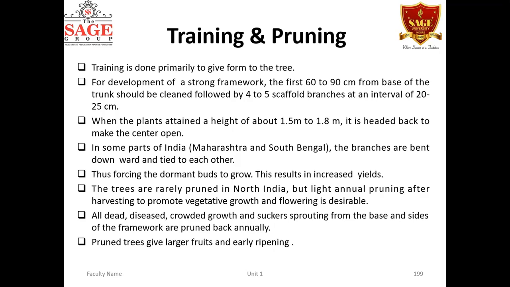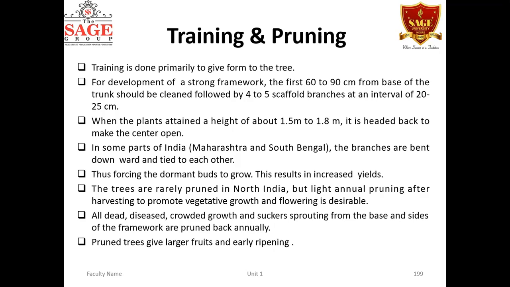When the plants attain a height of 1.5 to 1.8 meters, you can head back. That is, you have to decapitate, or give a horizontal cut to the growing stem. The vertical growing stem you need to cut at the height of 1.5 to 1.8 meters, in order to make the center open.